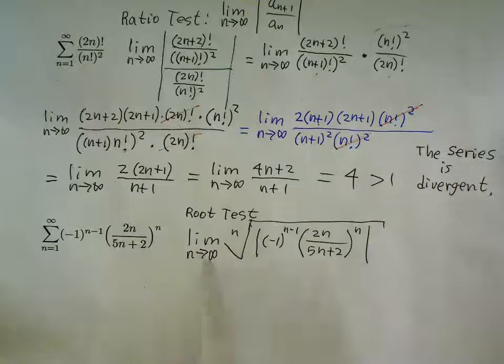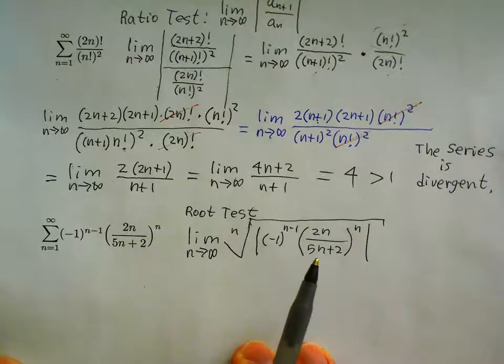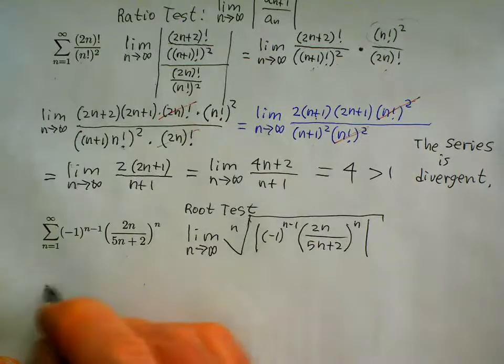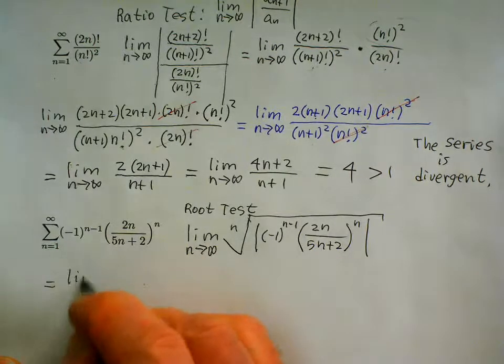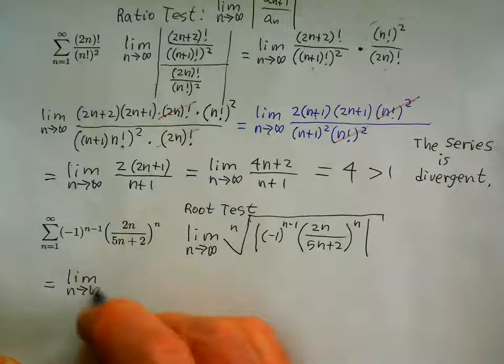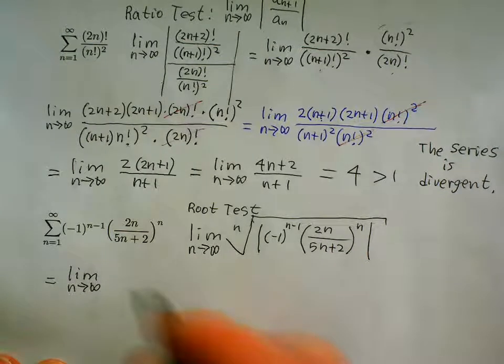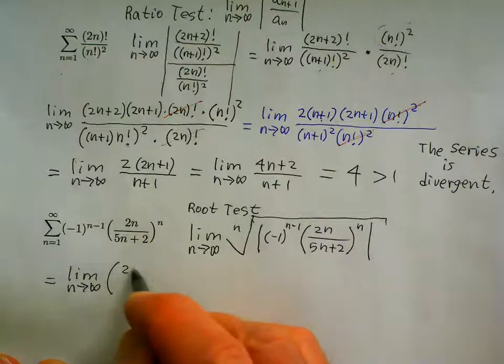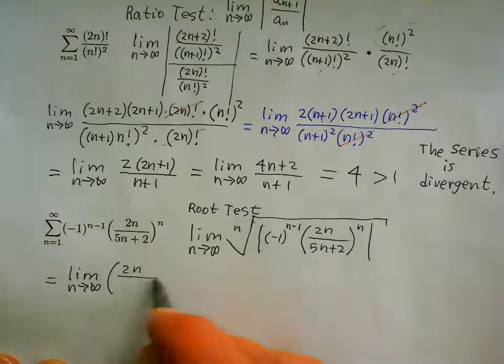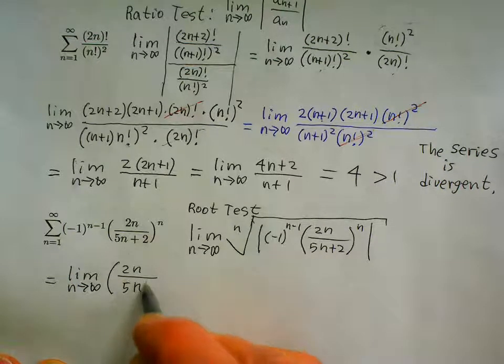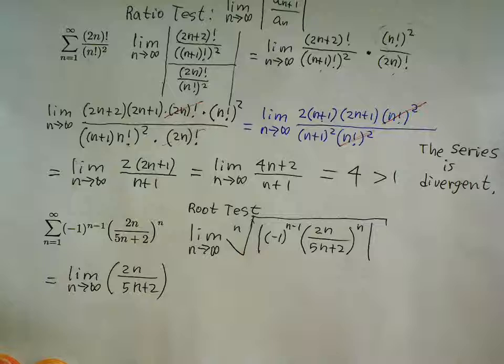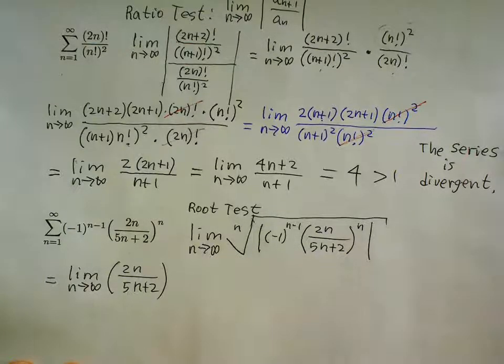And then the nth root of the rational expression to the n, that's going to simplify to the limit of 2n over 5n plus 2 as n approaches infinity. So what's the value of this limit?